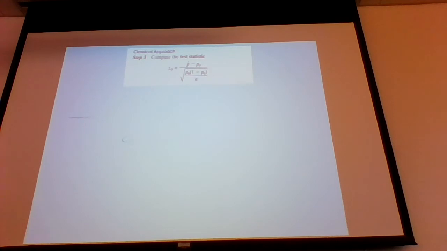Does that make sense? So usually you're going to know p0, you're going to know n, and you could compute p-hat, or you could figure it out. So basically, you just have to identify what's what. Does that make sense? And then you have the statistic.